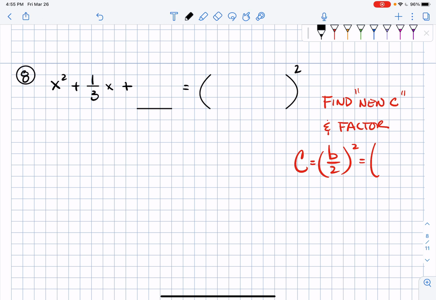I'm sorry, is the 1/3 divided by 2 squared. Well, that would say that it's equal to 1/6 squared, which is equal to 1/36. I know that looks like a B.